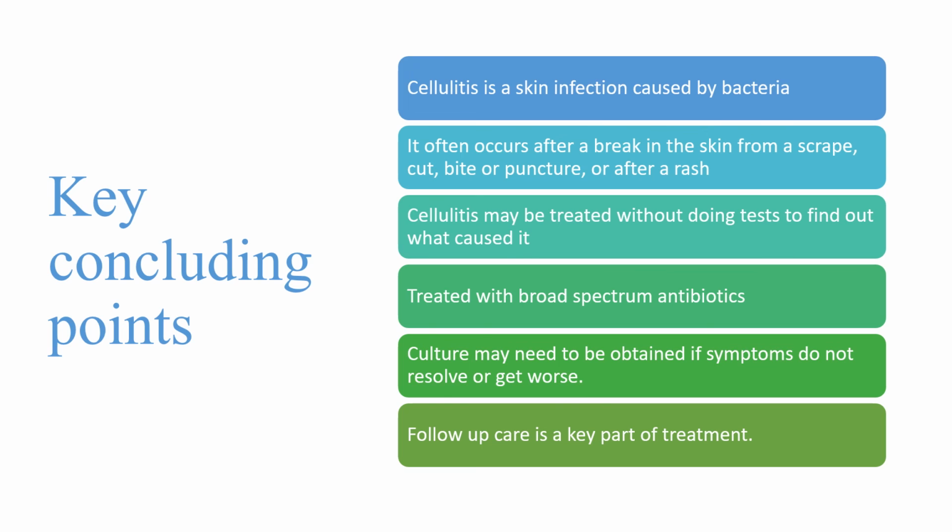However, if symptoms persist, do not improve, or worsen, then a culture may be obtained to check for MRSA. But cellulitis is treated with broad spectrum antibiotics in an attempt to treat MRSA without testing for it in case the patient did in fact have MRSA.